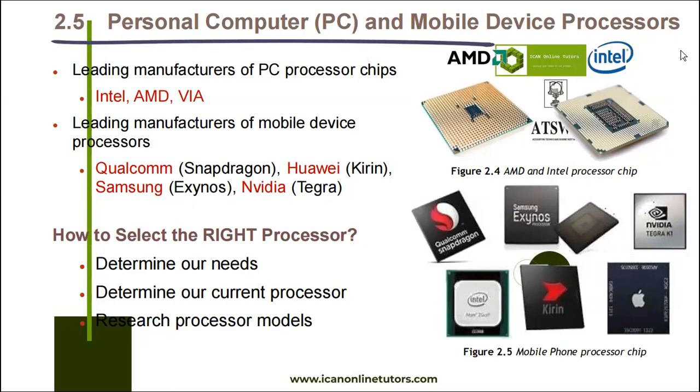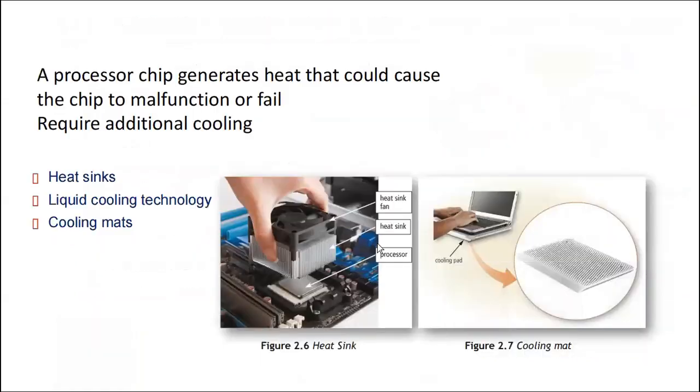We have examples of the mobile processors that are used in different mobile phones. Processor chips generate heat that could cause the chip to malfunction or fail and require additional cooling.